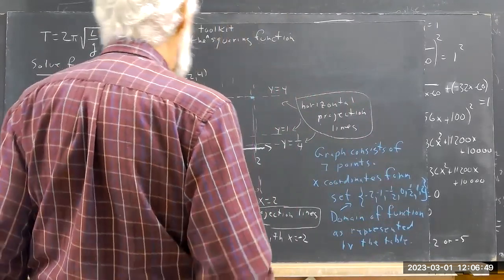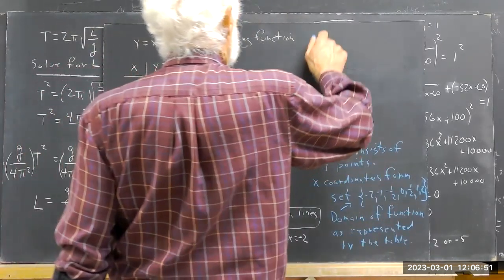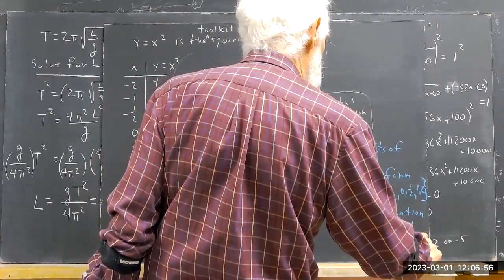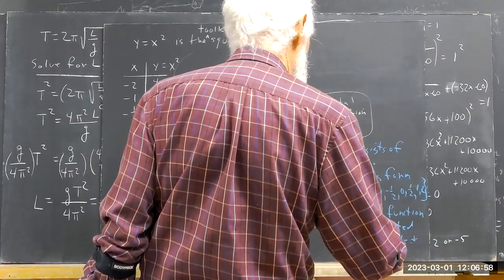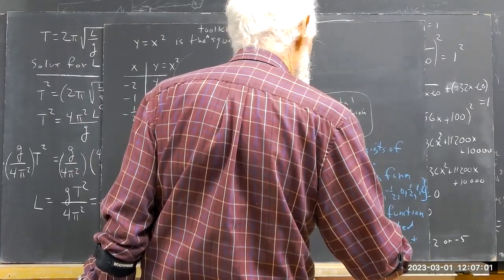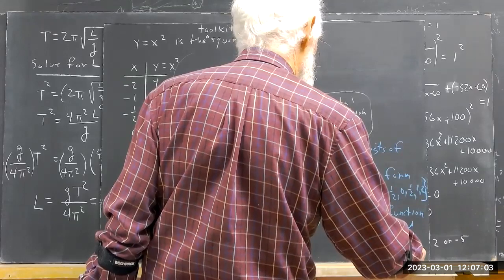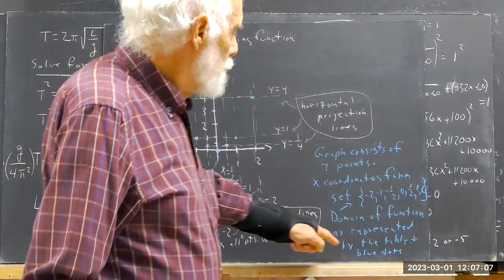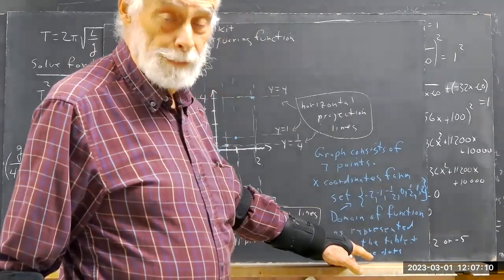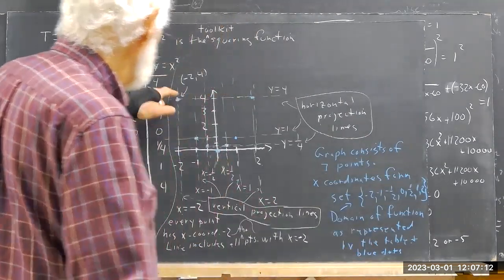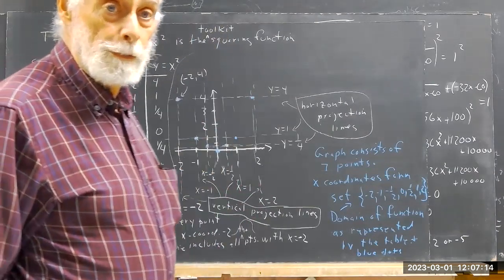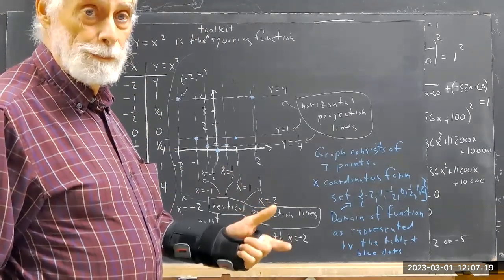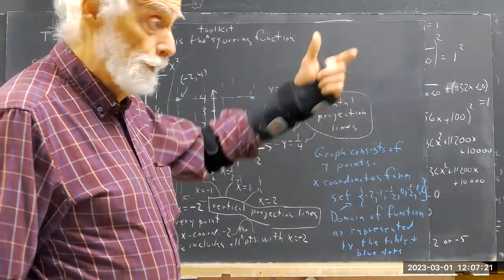Okay, the range of the function, and I'm going to say this a little more, is represented by the table and the blue dots. Okay, there's a function, it's a perfectly good function. Its domain consists of the x values -2, -1, -1/2, 0, 1/2, 1, 2.